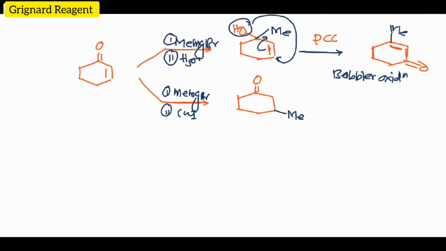So these are the two very simple examples where we convert into the 1,4 and 1,2 addition like this. So write down some examples regarding that 1,4 and 1,2 addition. Okay, this is one molecule.